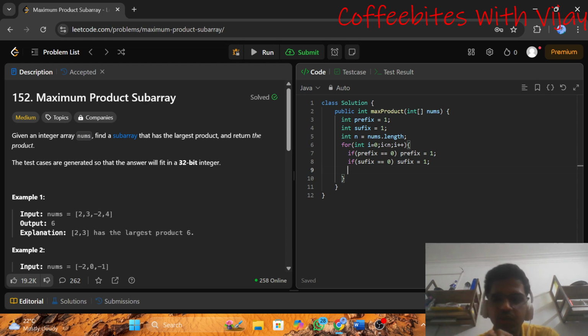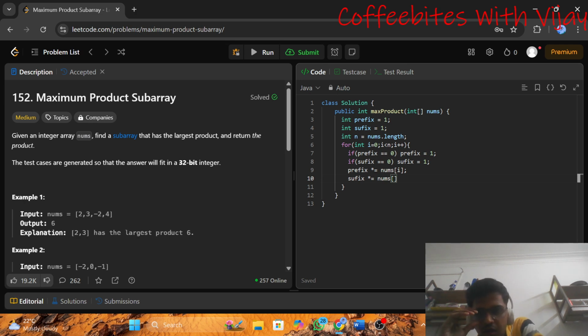Or else what I'll do is I will calculate the prefix product and suffix product. That is prefix star equal to nums of i, and suffix star equal to nums of, since I have to take it from right to left, I will take it from n minus 1, that would be the last index, minus i.